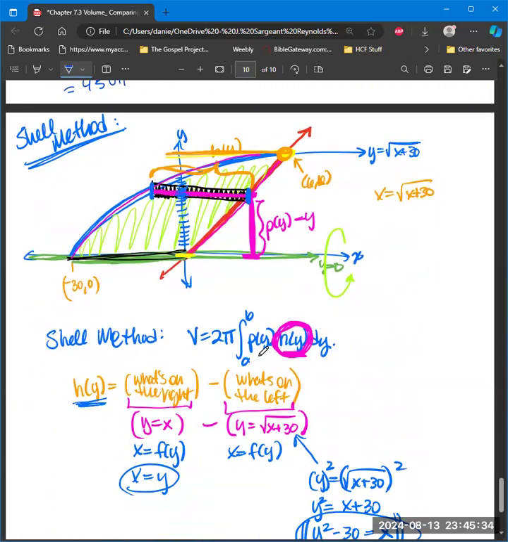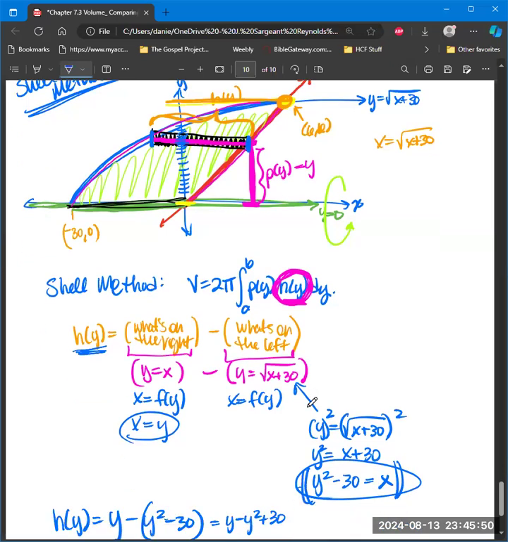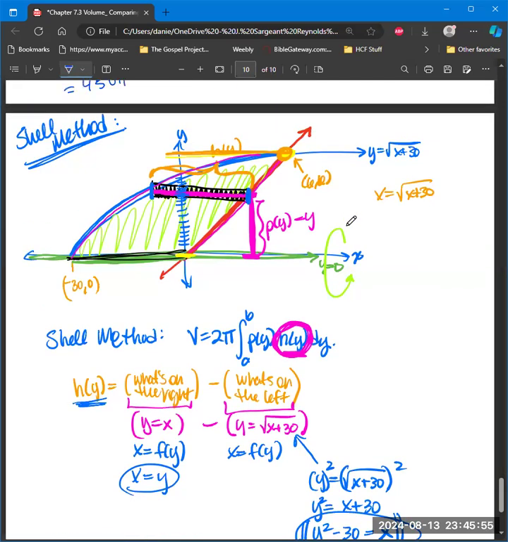Now let's see if we can simplify our life a little bit by using the shell method here and making a rectangle that always touches on the same place, left and right. So right hand side is going to be change y equals x to x equals y.